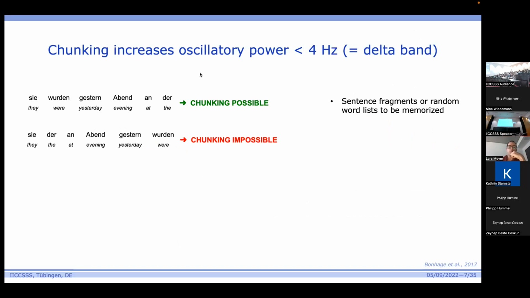That's the top one here. They were yesterday evening at the. You see how this is kind of a sentence fragment. And we compare this against the condition where we don't have any relationship between the words. They, the, at evening, yesterday were. So you can't chunk.